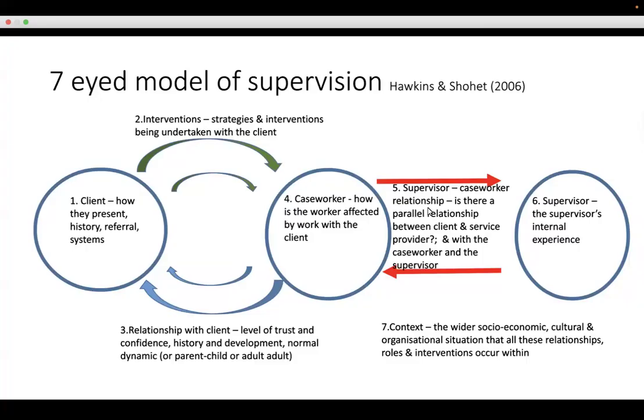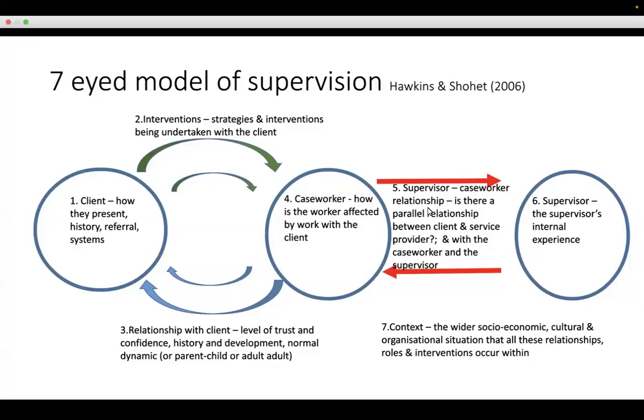And the key question here really is whether the dynamics showing up in supervision are connected to what is happening between the social worker and their clients. Because it's also possible that what you are experiencing with your client is exactly what's happening whenever you go to meet your supervisor.